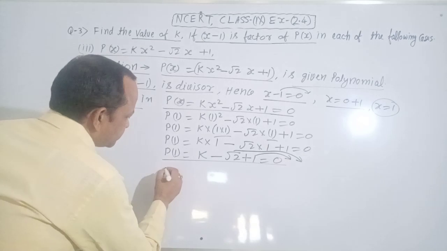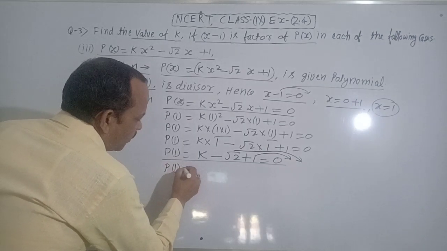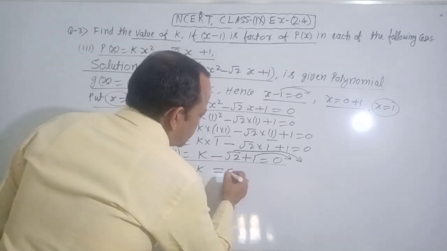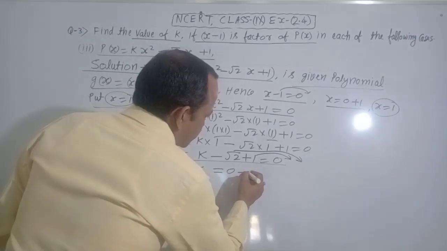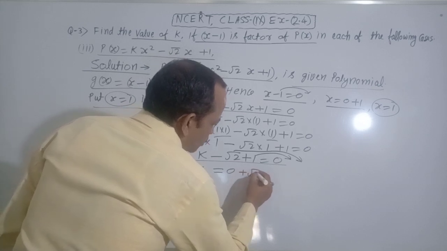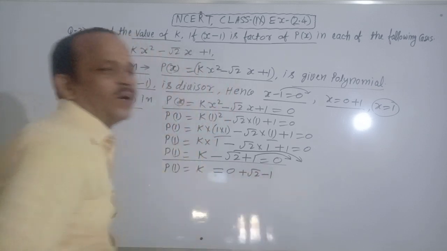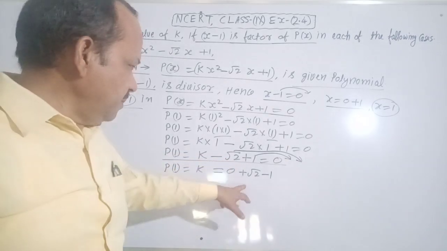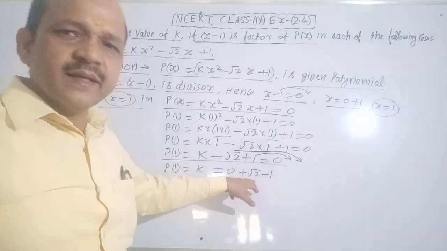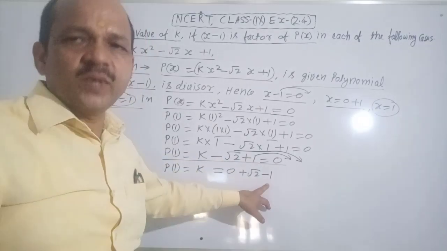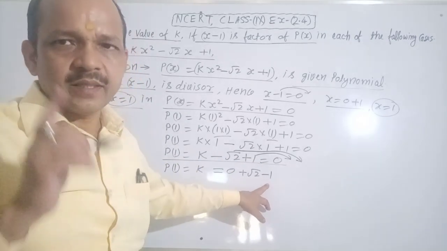It becomes k equals 0 minus 0 plus root 2 minus 1. Here minus root 2 becomes plus root 2 on the right side also. Plus 1 becomes minus 1 on the right side of equal.